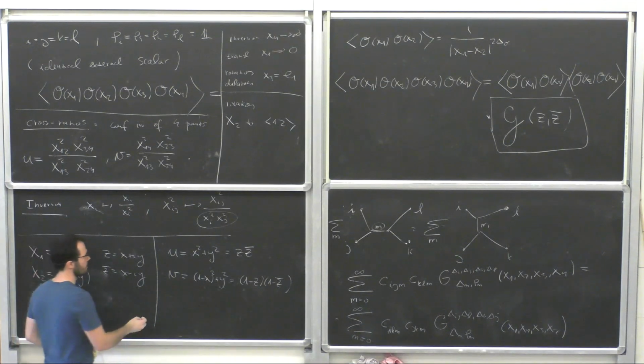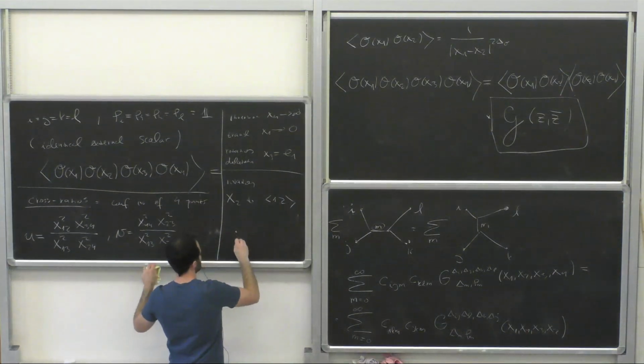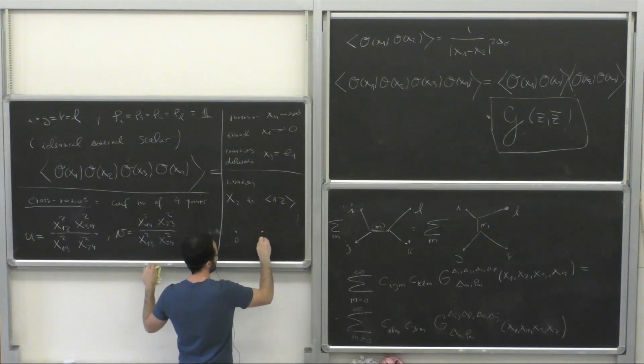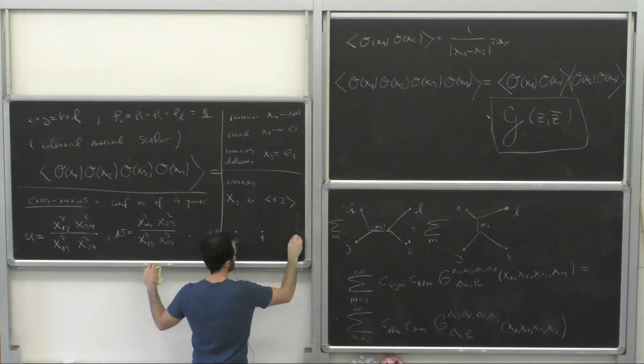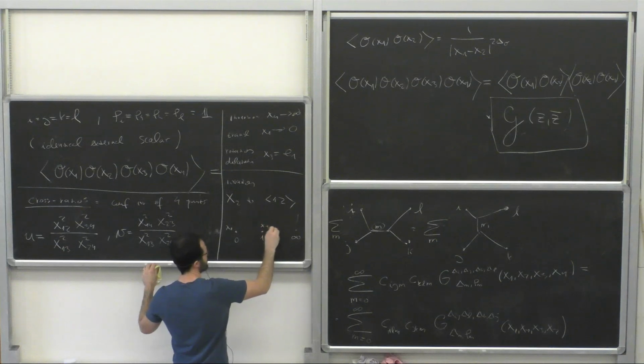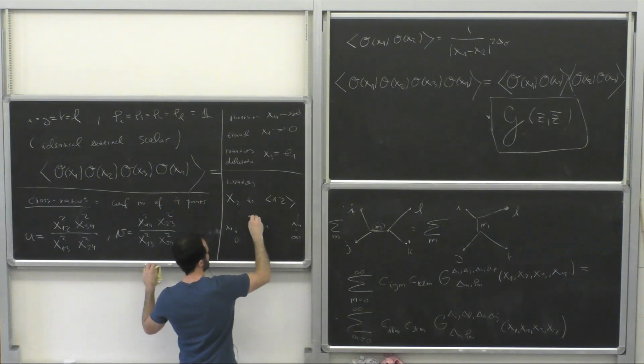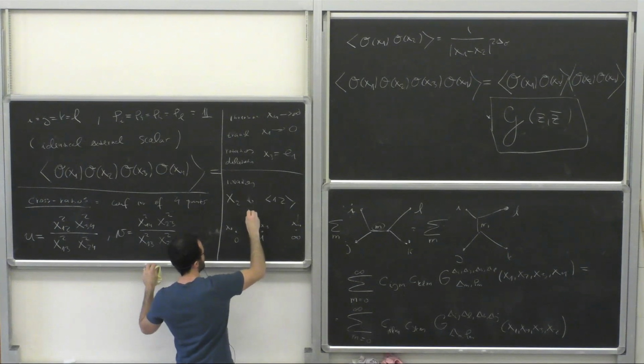Okay, so maybe I should draw the picture. So here x1 is at the origin. Then there's infinity, right? So this is x1, this is x3, this is x4, and then x2 is somewhere, at coordinates x and y is what we are calling x2.